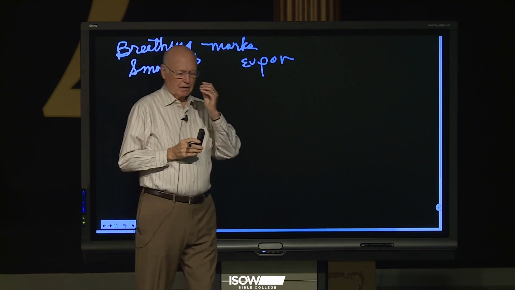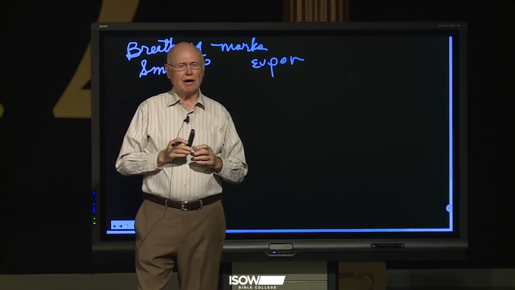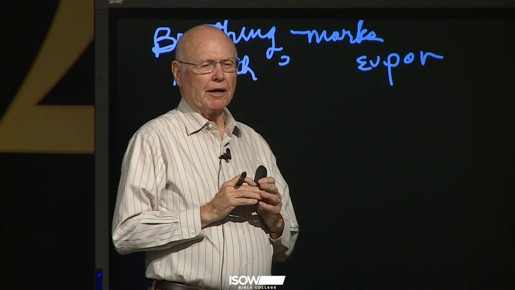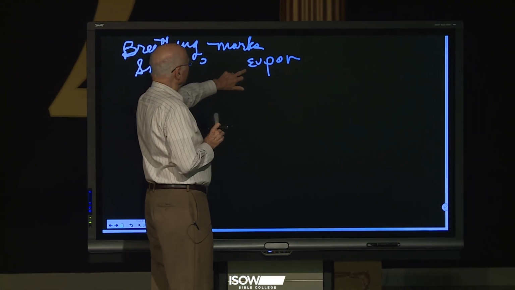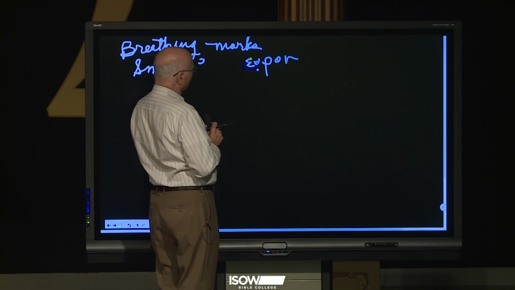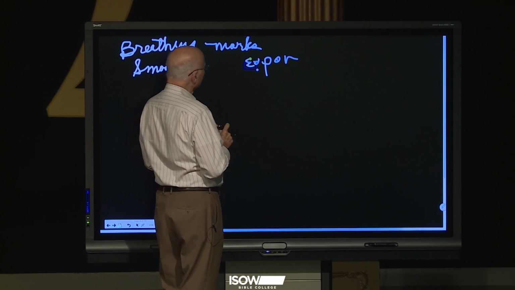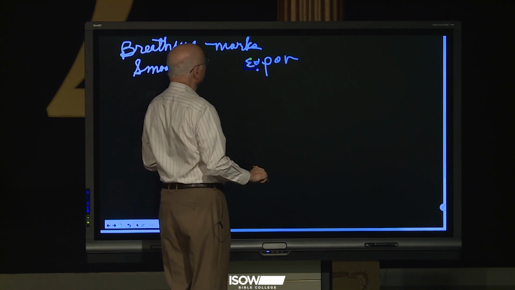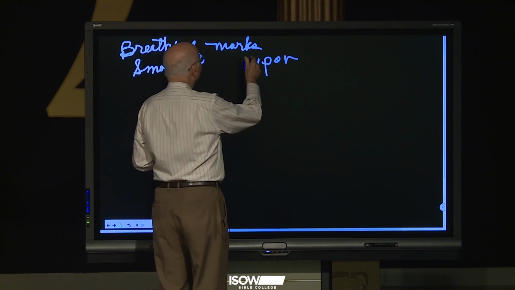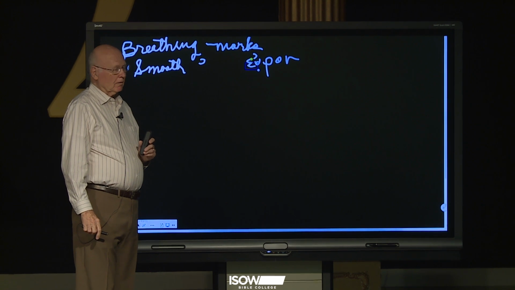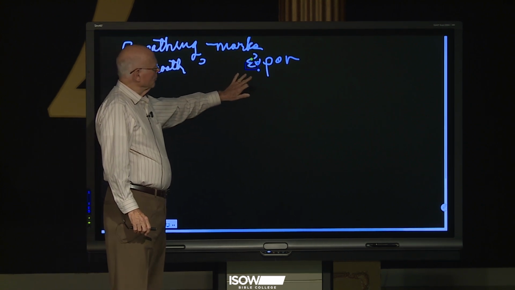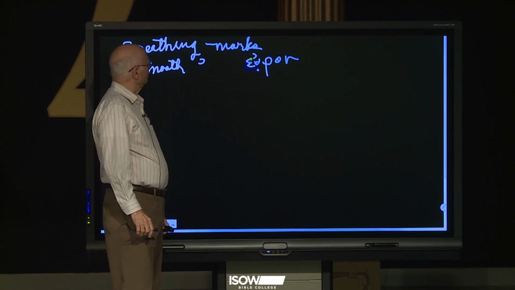When you have a word that begins with a vowel or with a diphthong, this word begins with a diphthong, epsilon upsilon, it will always have a breathing mark, and that is the smooth breathing mark. That indicates that you are to put no H before this word.